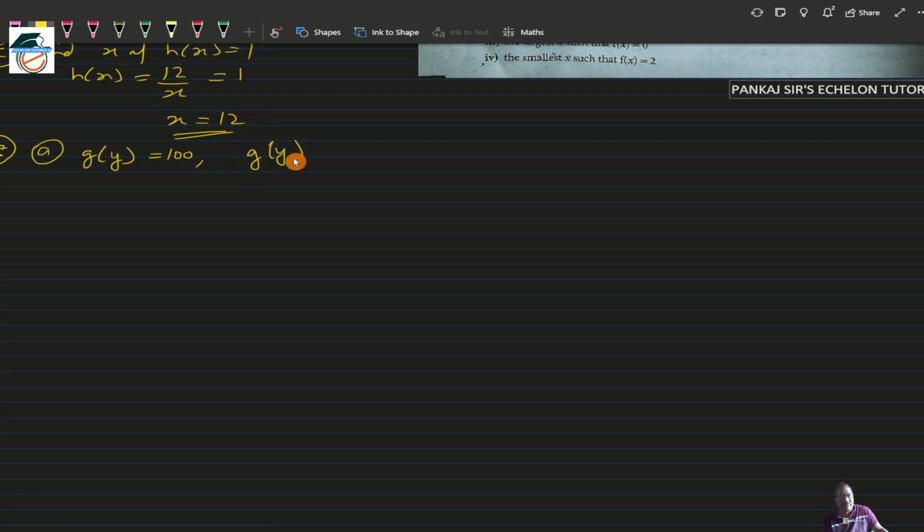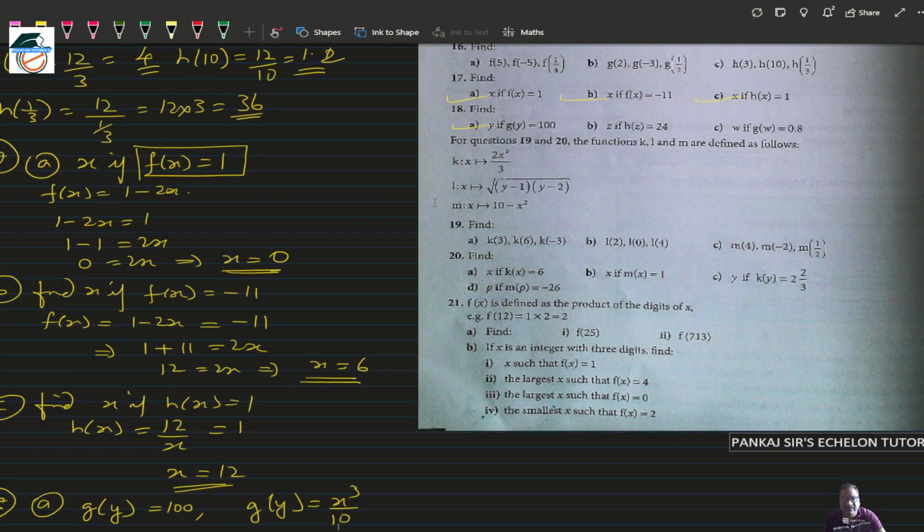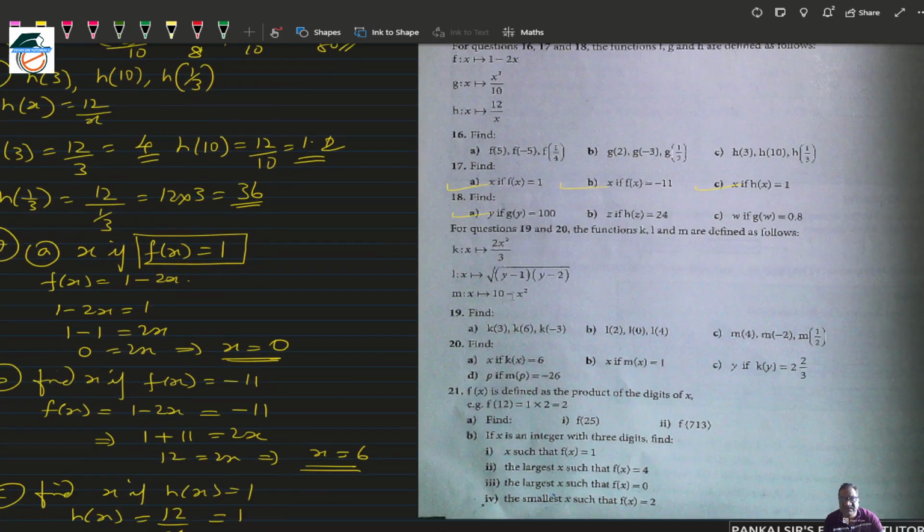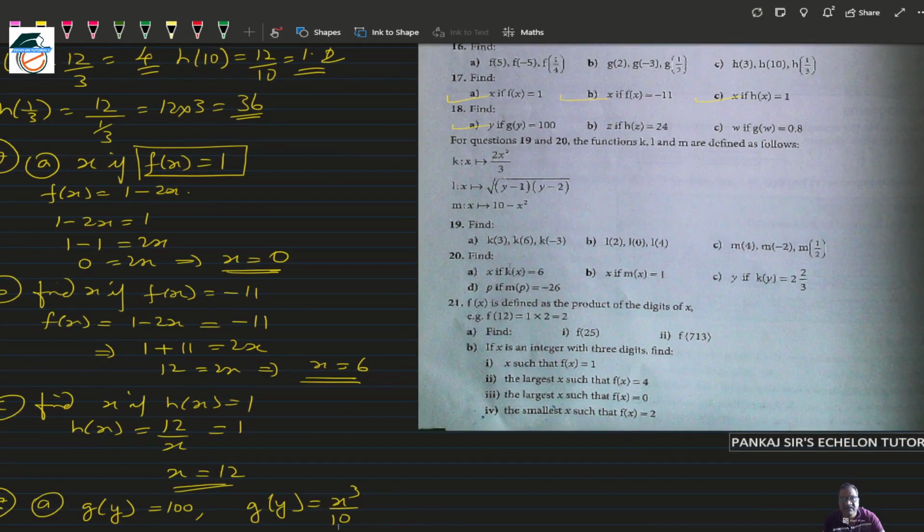g of y is equal to x cube upon 10. Let me check, question number 18, for 16, 17, 18, g. Fine. They have changed the variable to y. So g of y is 100.